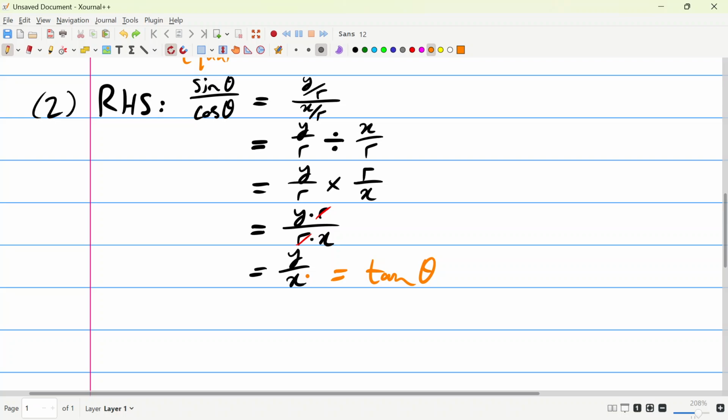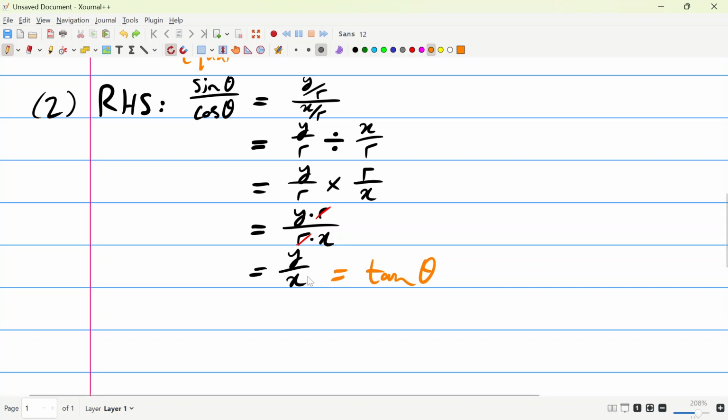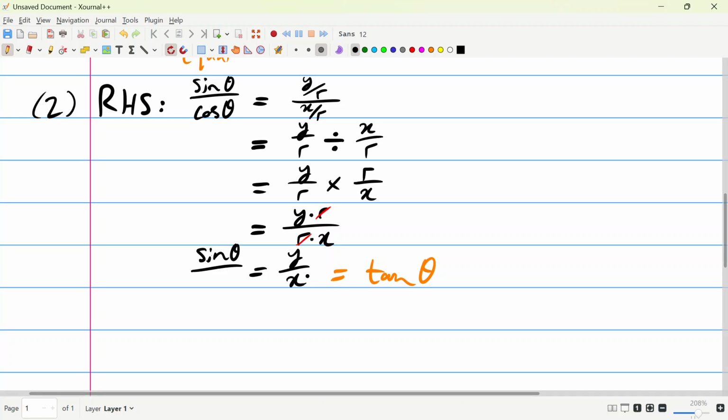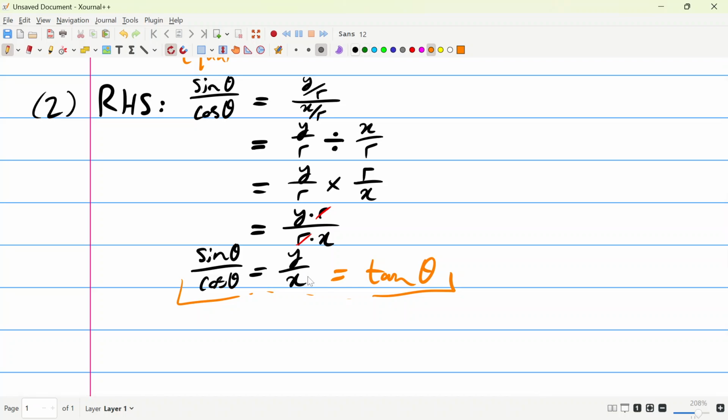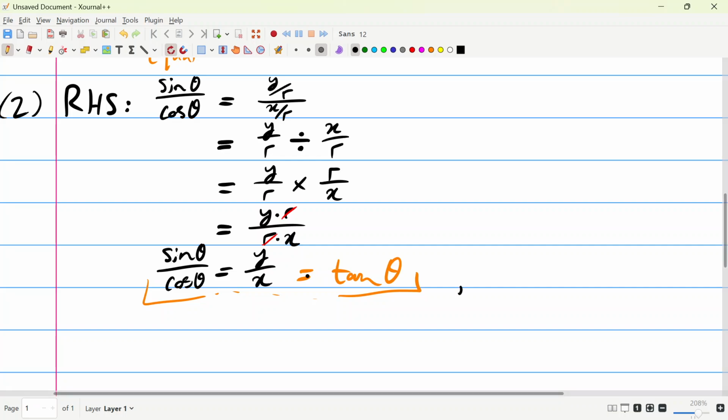Tan is opposite over adjacent. So therefore we've just proven that sine theta over cos theta is indeed equal to tan theta. Okay. And then obviously at the end you can say, therefore, left-hand side equals right-hand side. So you can say, therefore I'm smart. Therefore I've proven everything over here.